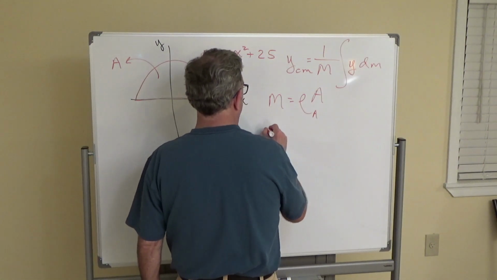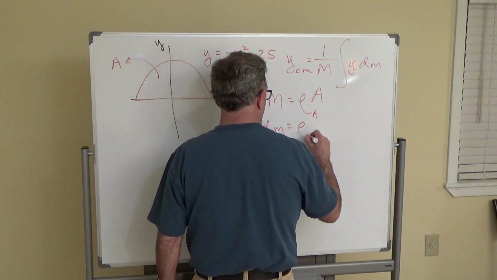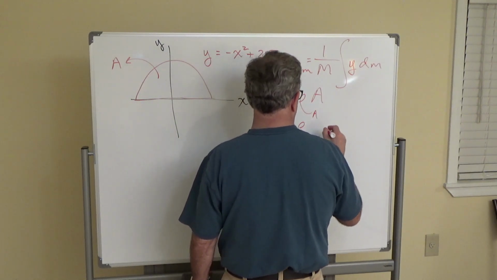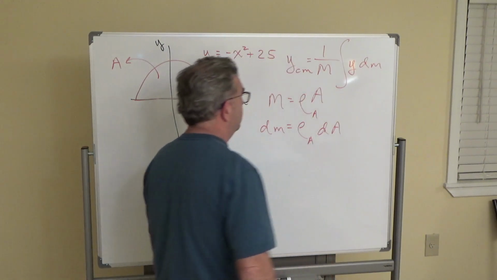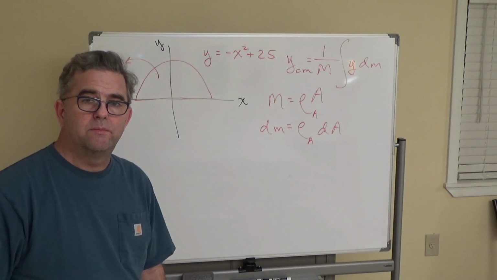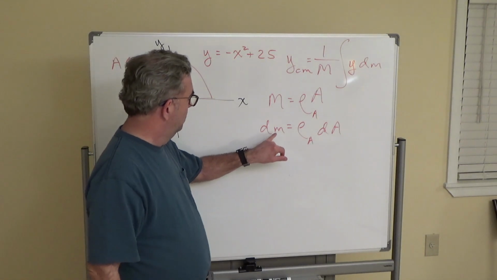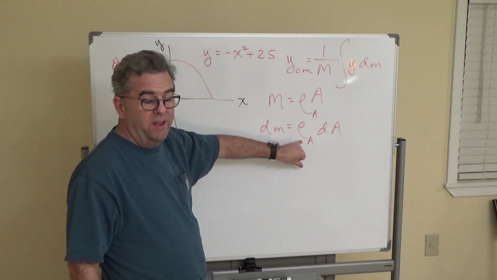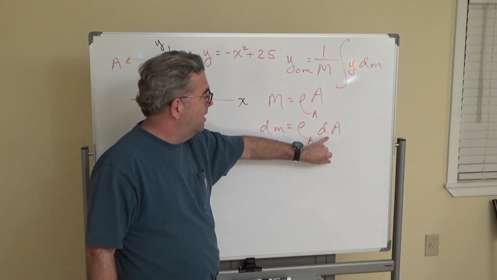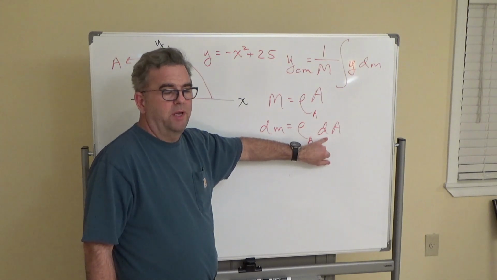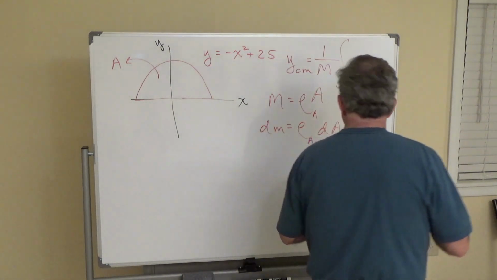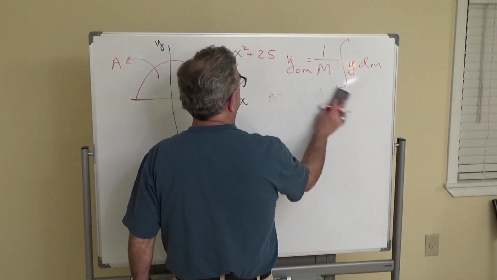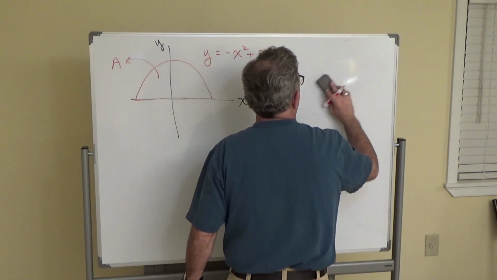Then dm is equal to rho A, which is a constant, some area density, times dA. Okay? So that little bit of mass dm is the density of the material times some little bit of area. So let's calculate the area of this object because we're going to need that.